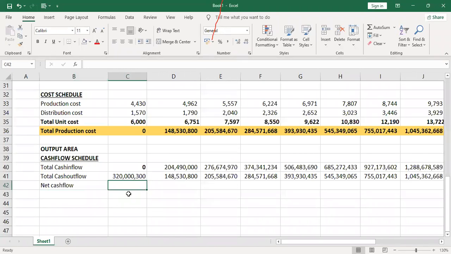So how do you get the net cash flows? It will be the cash inflows minus the cash outflows. Equal to total cash inflows minus total cash outflows.